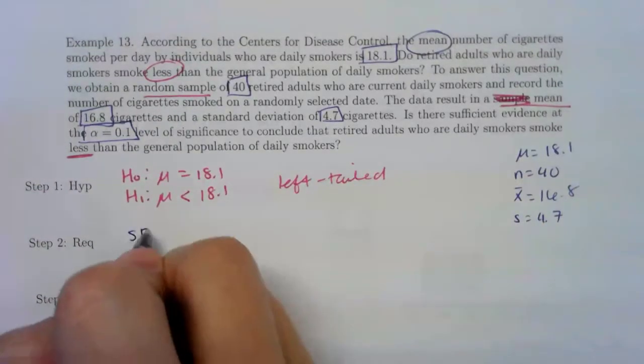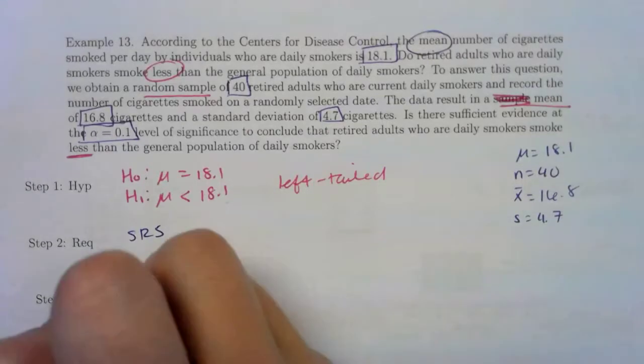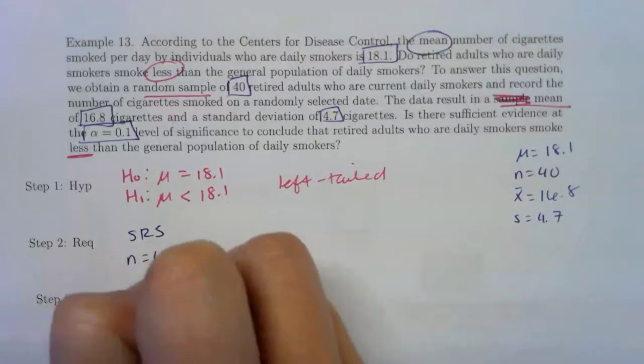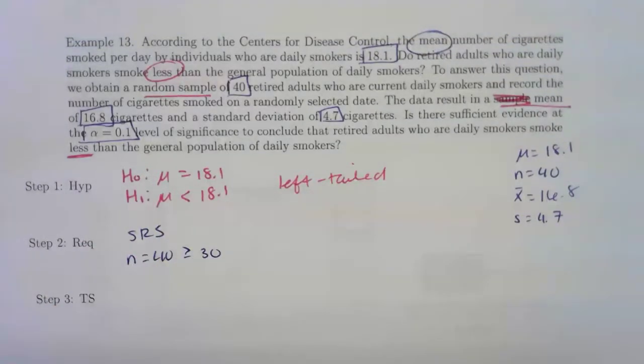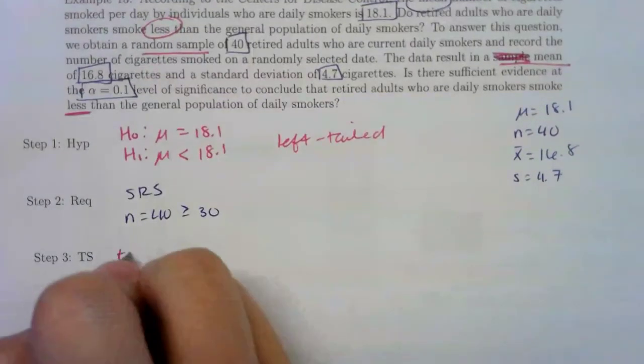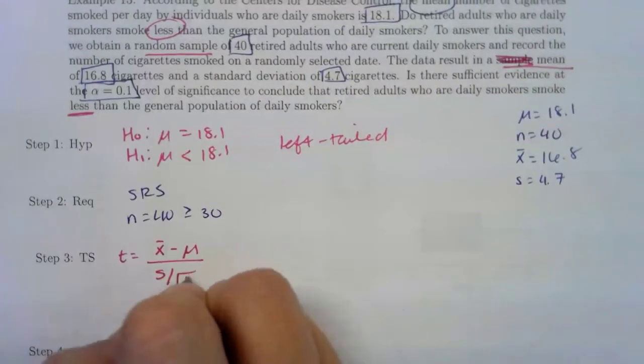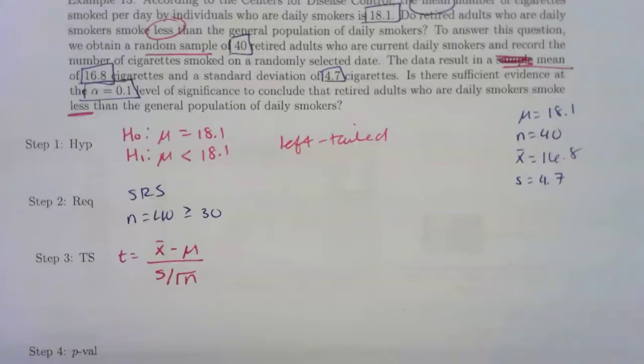Our conditions: we have a random sample, so we have a representative sample. It doesn't tell us that the population is normally distributed, but our sample size is at least 30, so we're good to go. Our test statistic looks like this.